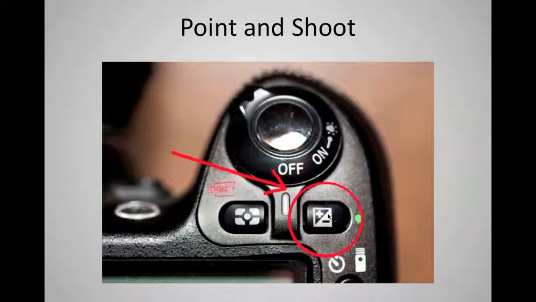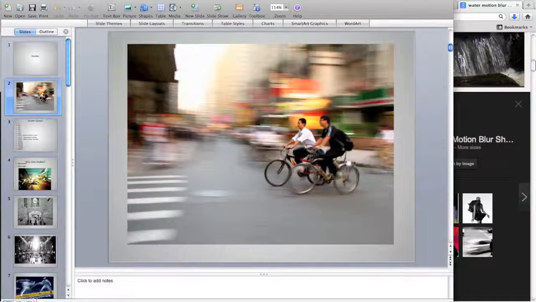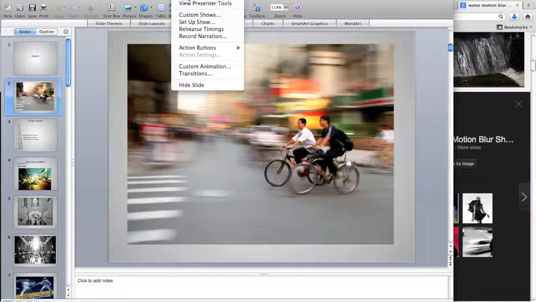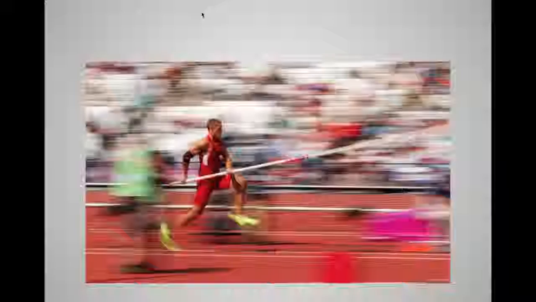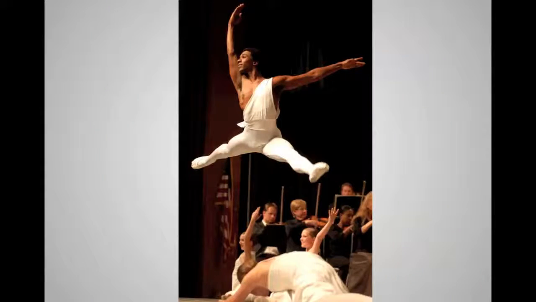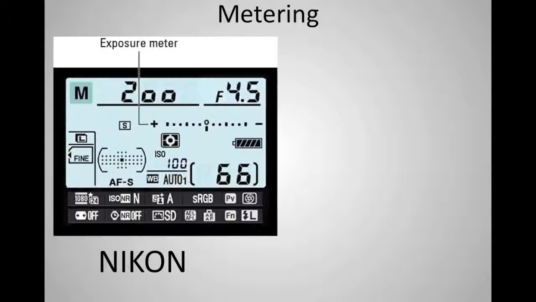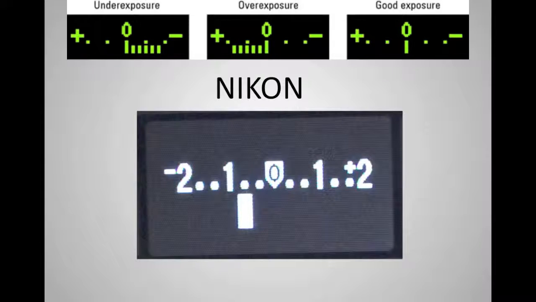Okay, point and shoot cameras. You're going to have a little plus minus button somewhere on your camera. It's normally on the back somewhere, and if you push that button, something like this should come up.